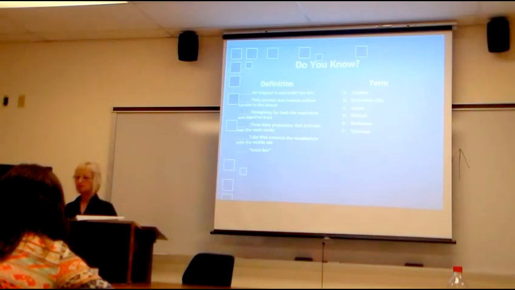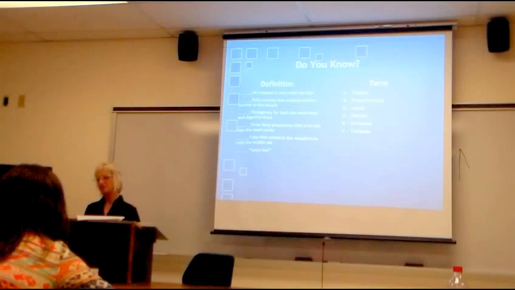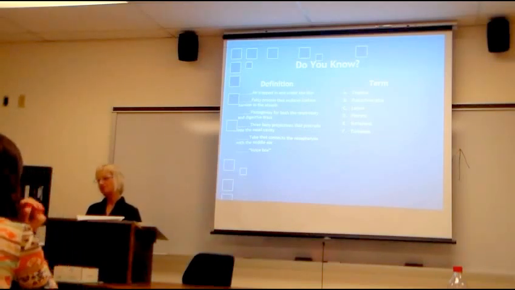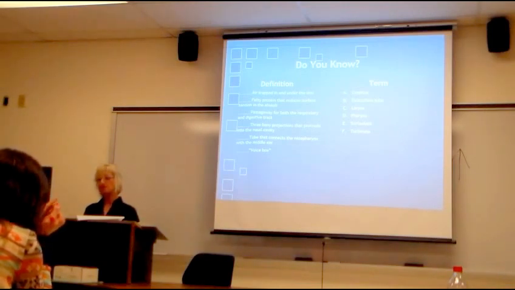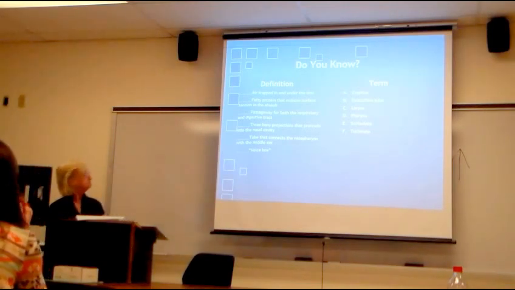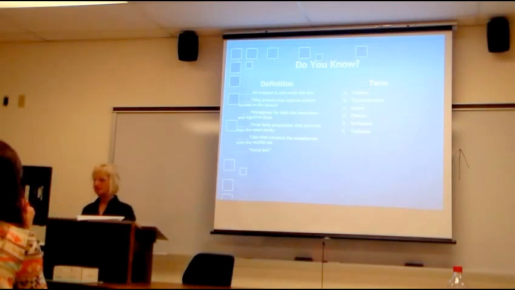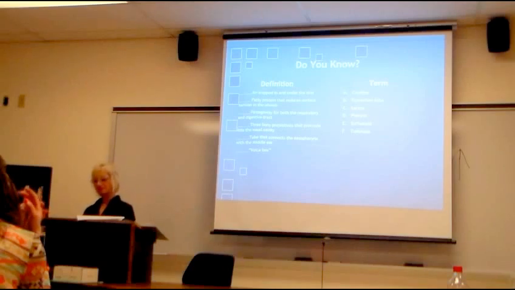How about the passageway for both the respiratory and digestive tract? Good, you guys did your reading. Three bony projections that protrude into the nasal cavity. Very good. And the tube that connects the nasopharynx with the middle ear. Good. And it's called the voice box. Very good.